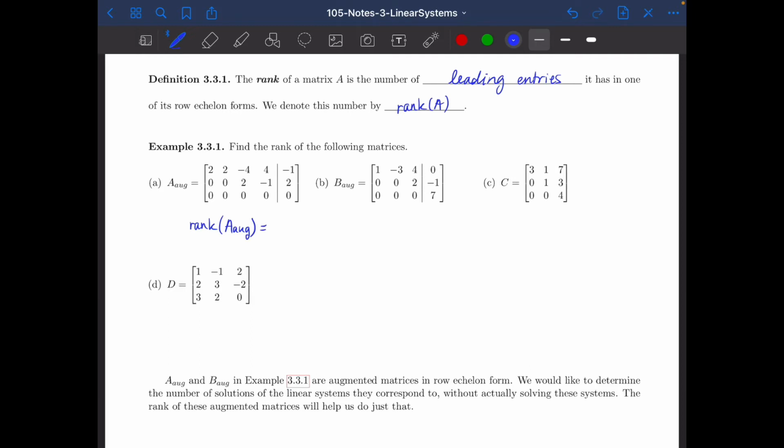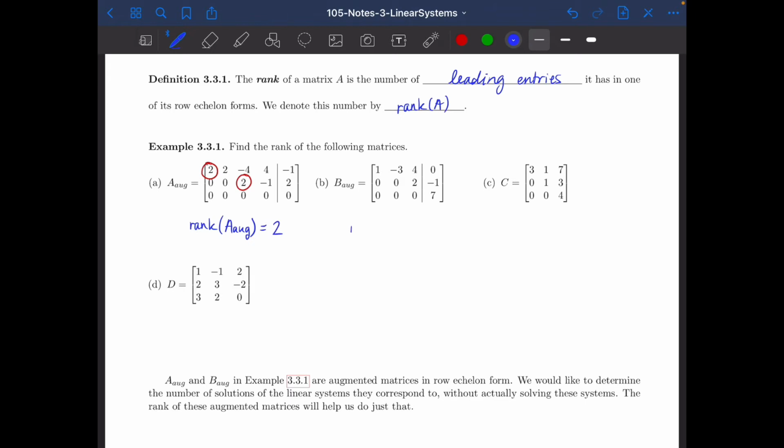The rank of a matrix is the number of leading entries it has in one of its row echelon forms. This matrix is already in row echelon form, and so we simply count the number of leading entries in this matrix. 1, 2, and so the rank of this augmented matrix is 2.